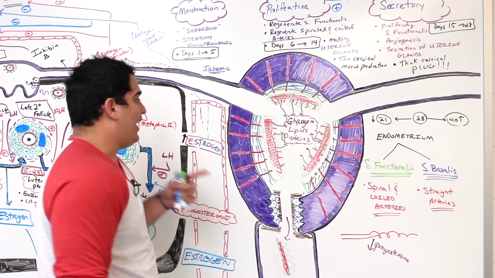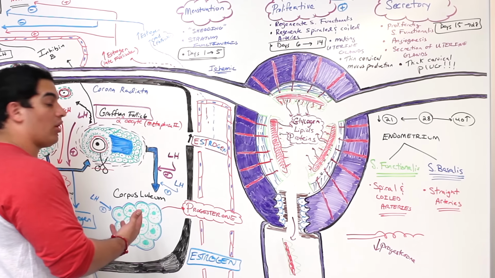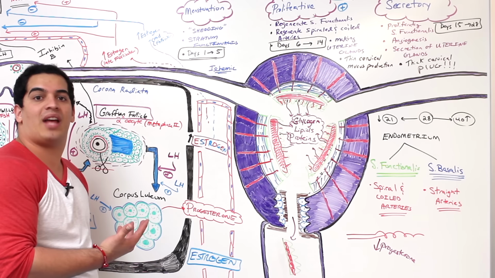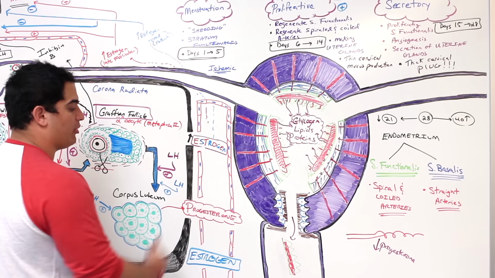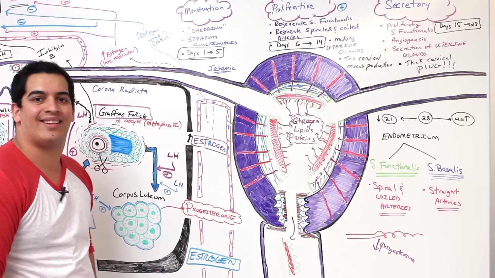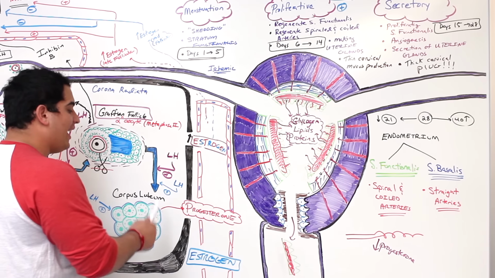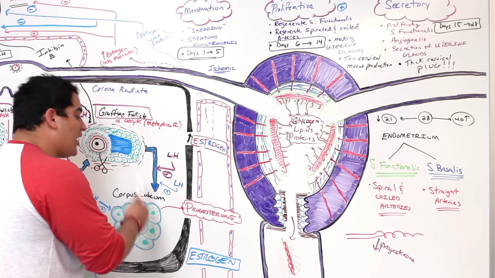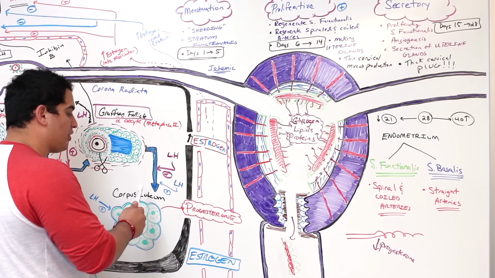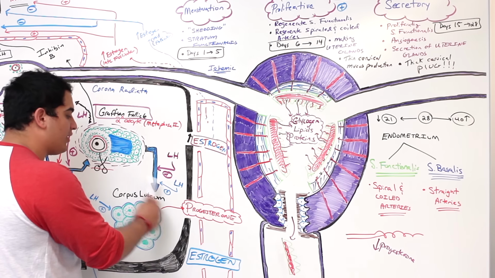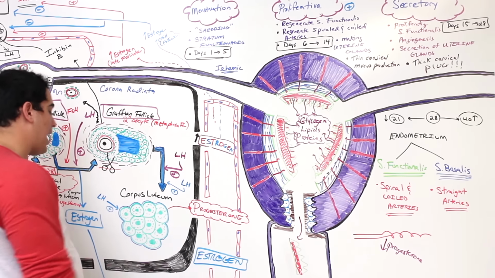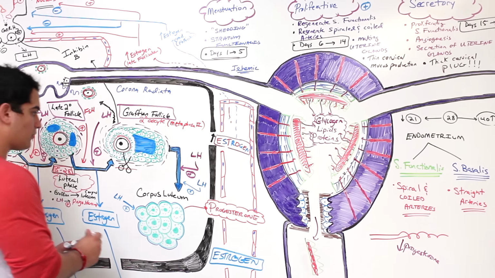Now, like I said, if fertilization does occur, then the corpus luteum continues to act as the hormone-producing structure for progesterone until the placenta develops around the 12th week, and then it dies off. If fertilization doesn't occur, then the corpus luteum doesn't get those signals from the embryo. Guess what happens to the corpus luteum?